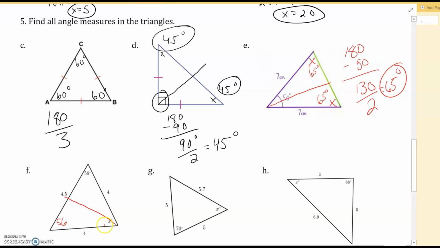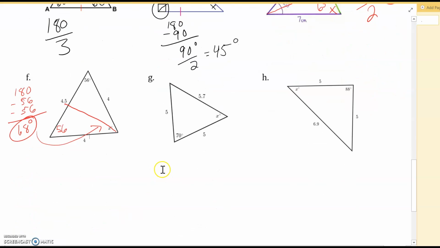Then to figure out what angle x is, I just go 180 minus 56 minus 56. Get 68 degrees. All right, now go ahead and do letter G and letter H.